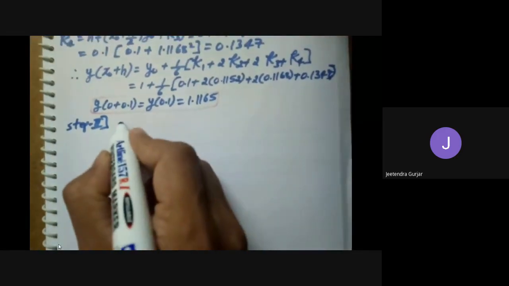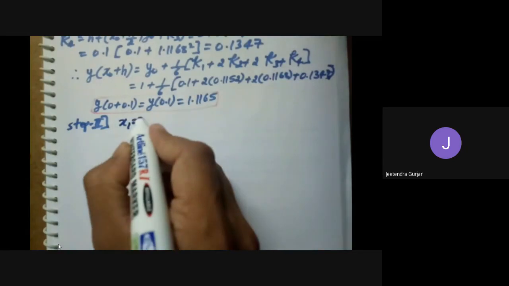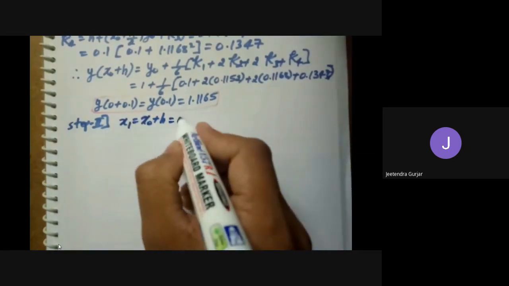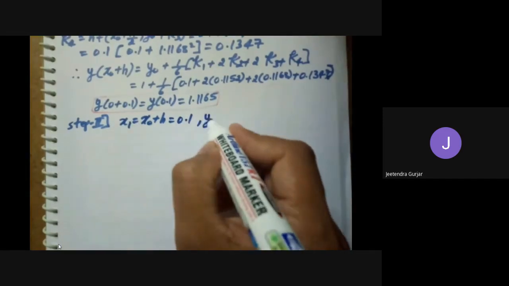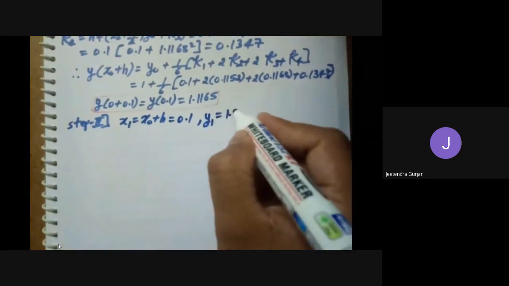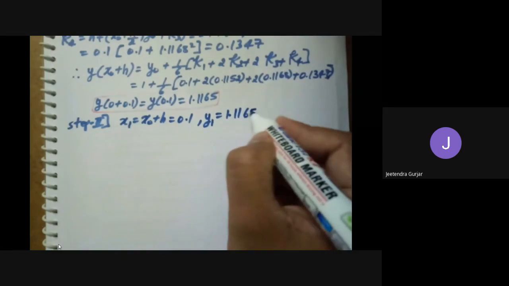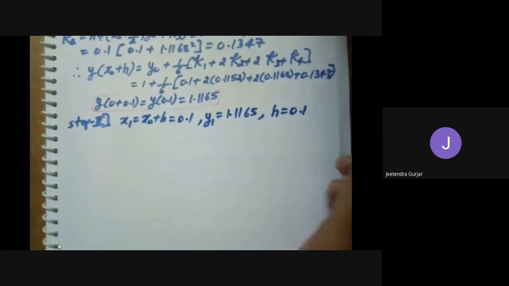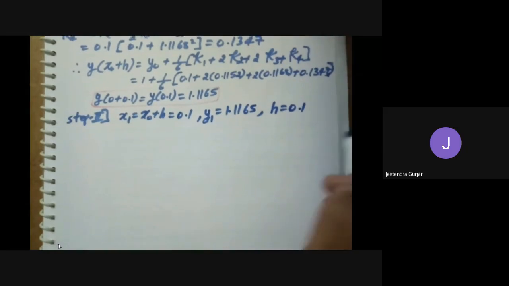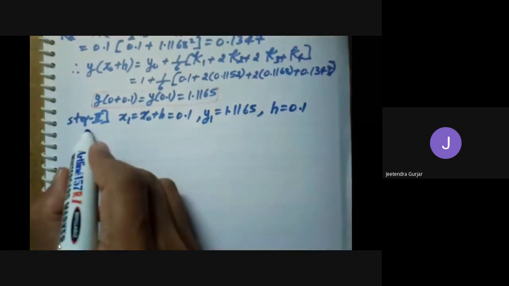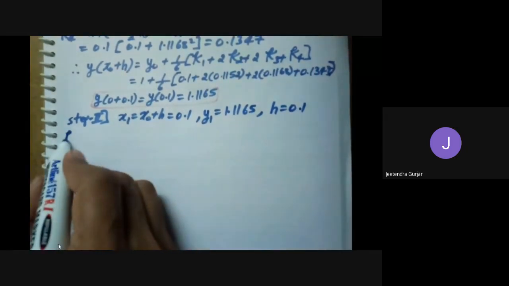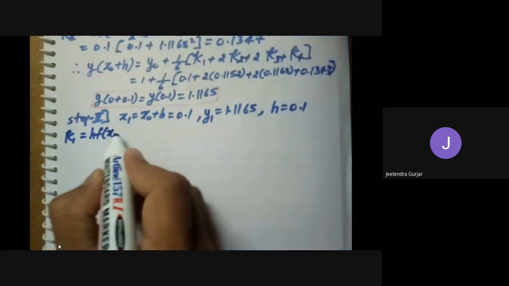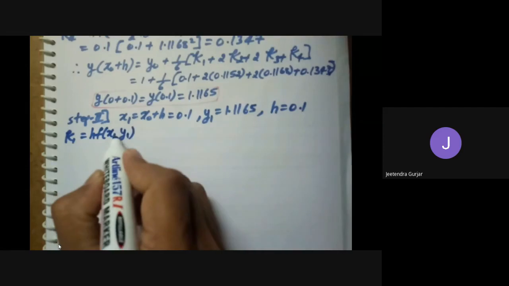Then y1, students, what will be y1? From the previous step, you can see y1 is equal to 1.1165. You have to take this previous approximation, y1 is equal to 1.1165, and remember h is equal to 0.1. Okay, immediately go for all the formulas of the Runge-Kutta fourth order method. That is k1 is equal to h f of x1 comma y1.